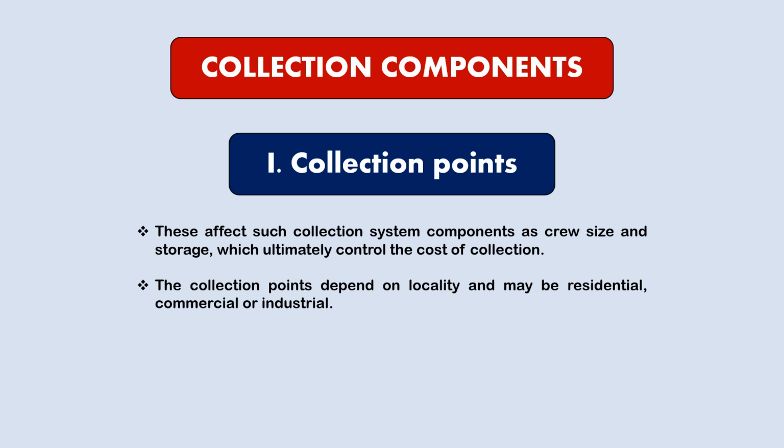If we collect the waste materials from a residential area, then we can use simple methods like simple compactor trucks or hand pulled rickshaws, all those things we can use to collect the waste.